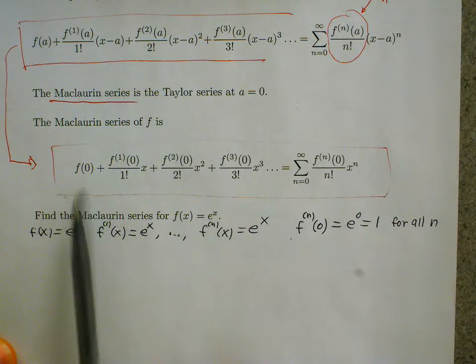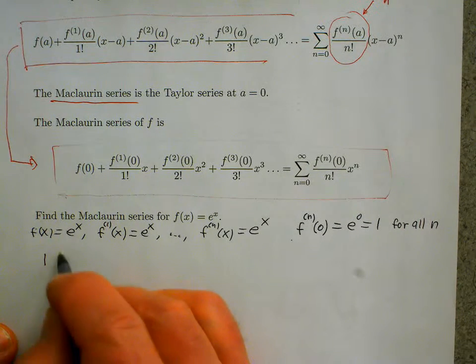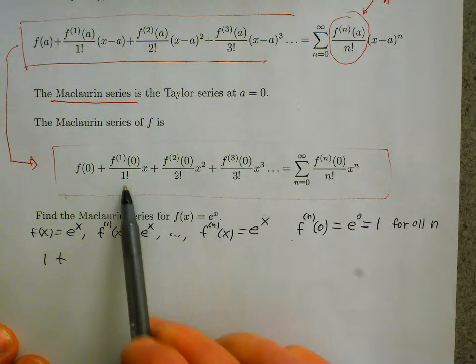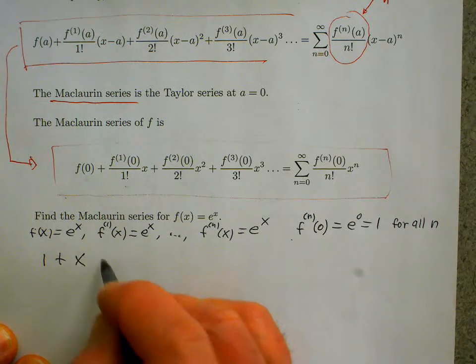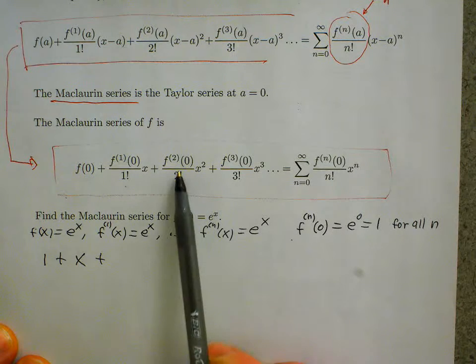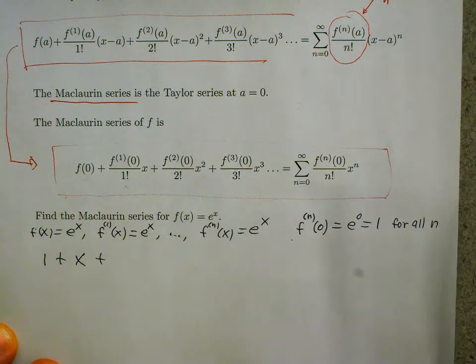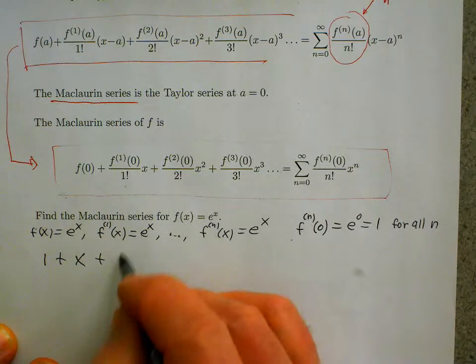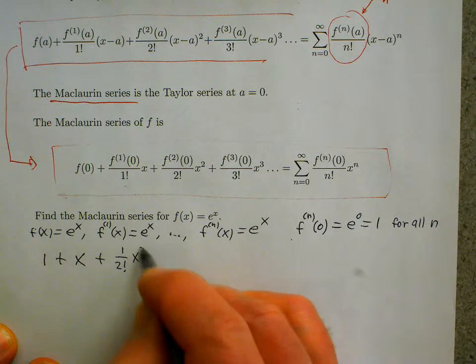So f of 0 is 1, and then plus 1 divided by 1 factorial times x. So since 1 factorial is 1, we'll just write plus x. And then 1 over 2 factorial times x to the second.